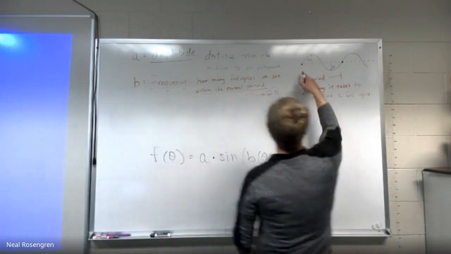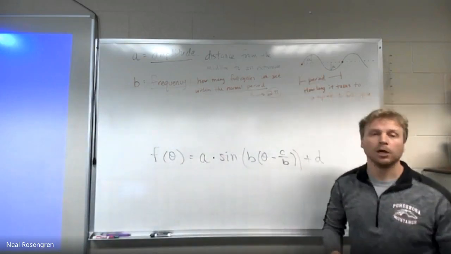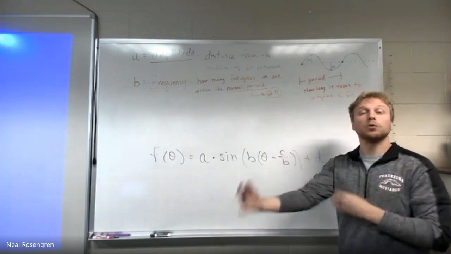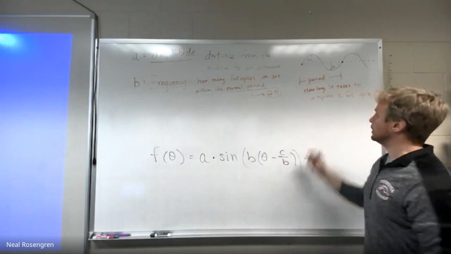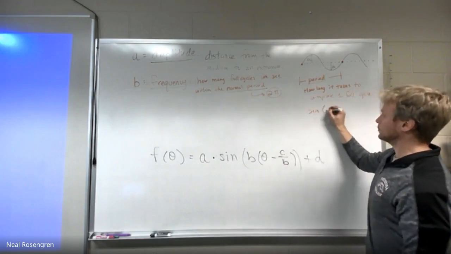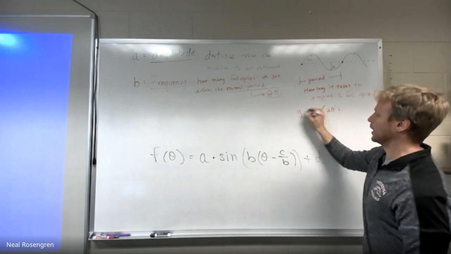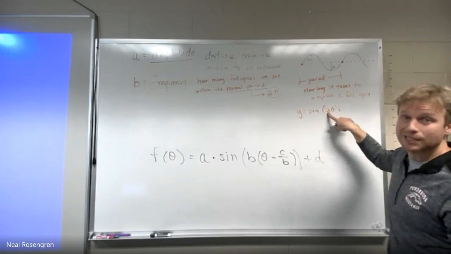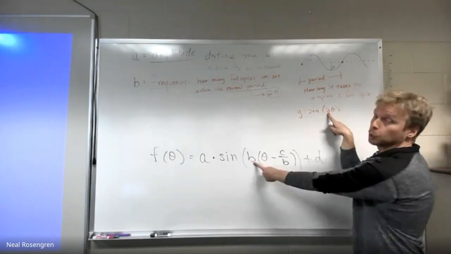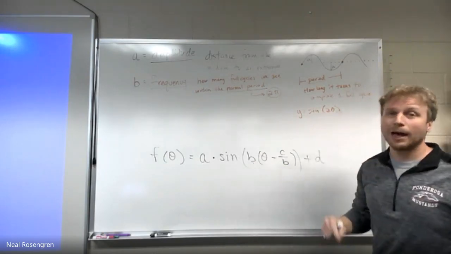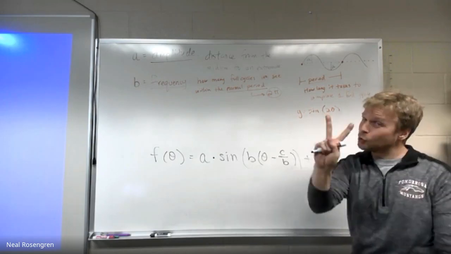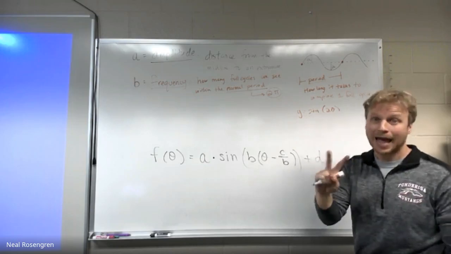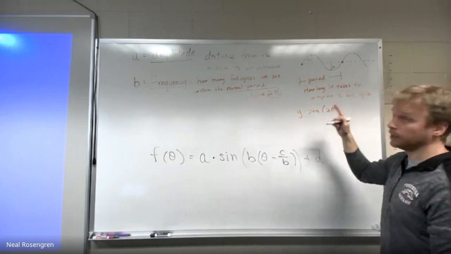And so if I were to do something like sine of 2 theta, let's say we were looking at the function y equals sine of 2 theta. Our frequency is 2, which means I am going to see 2 full cycles of sine happen within that normal period of 2 pi.